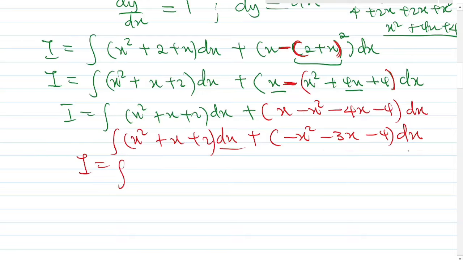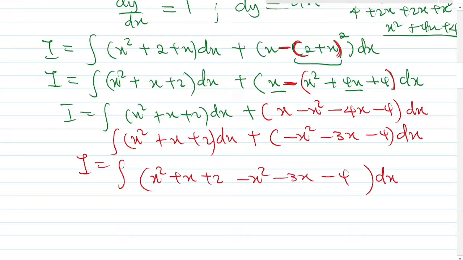So you can just put the dx out as a factor. You now have this cancels this, right? If you combine the two of them, it should be x squared plus x plus 2 minus x squared minus 3x minus 4, all dx, right? So this can cancel this, and x minus 3x will give minus 2x, 2 minus 4 will give minus 2, right? dx. So that's your I.